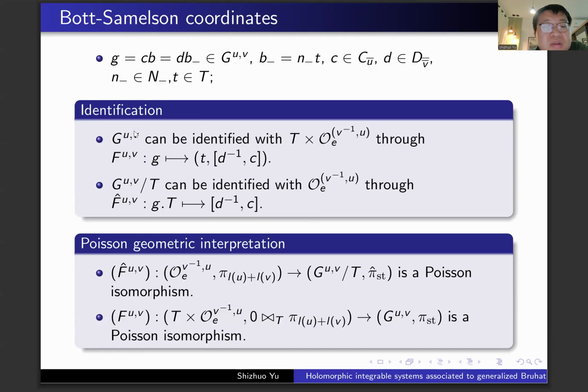Here we can first use this identification to identify the double Bruhat cells with the generalized Bruhat cells times T. And for the Poisson geometry interpretation, they are also Poisson isomorphisms as well, not only for the general case, but also for the reduced case.